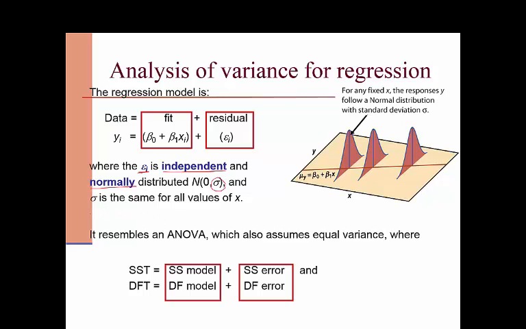So our assumptions for regression are very similar to ANOVA: normality, independence, constant variance, or equal variance, whatever you want to call it.